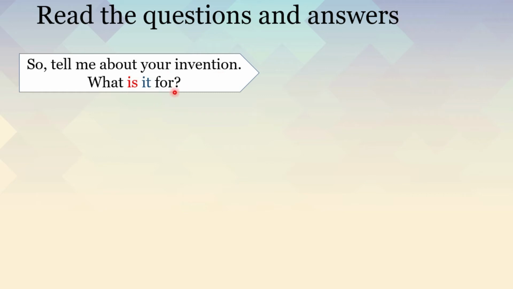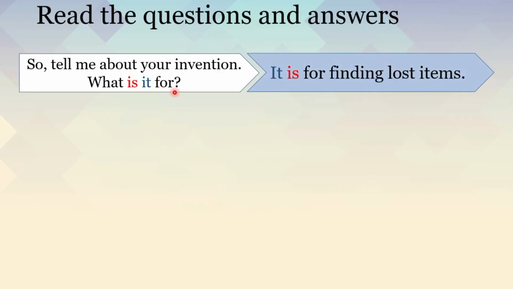What is it for? And the answer is, it is for finding lost items. I want you to notice the word order of the question and that of the answer.